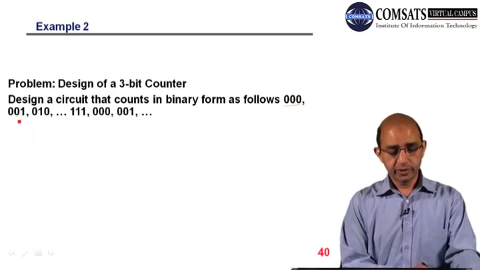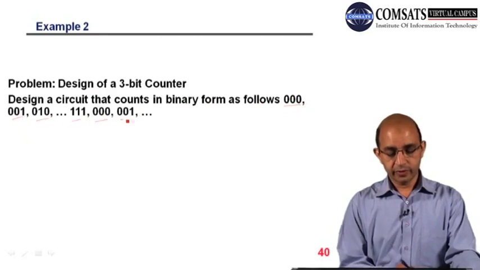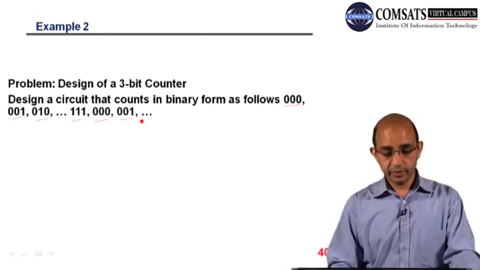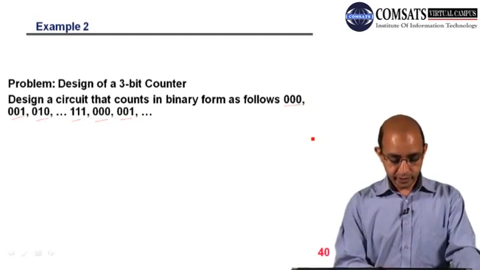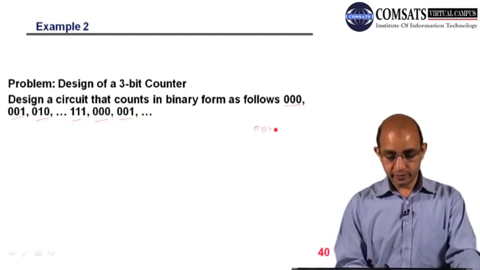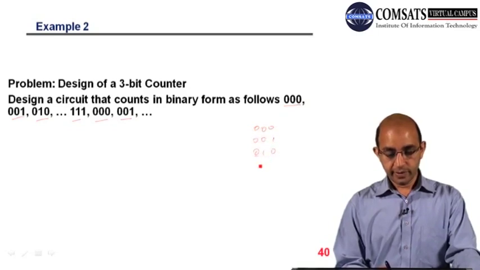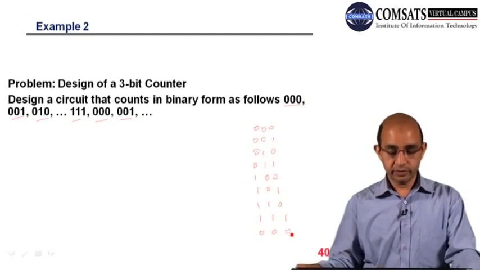Starting from 0 0 0, then 0 0 1, and so forth: 0 1 0, 0 1 1, 1 0 0, 1 0 1, 1 1 0, 1 1 1. And after 1 1 1, we have all zeros.